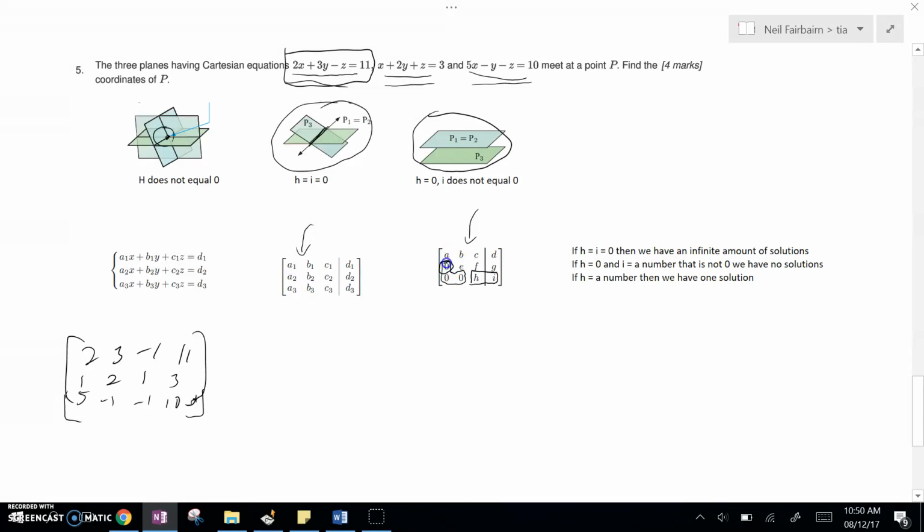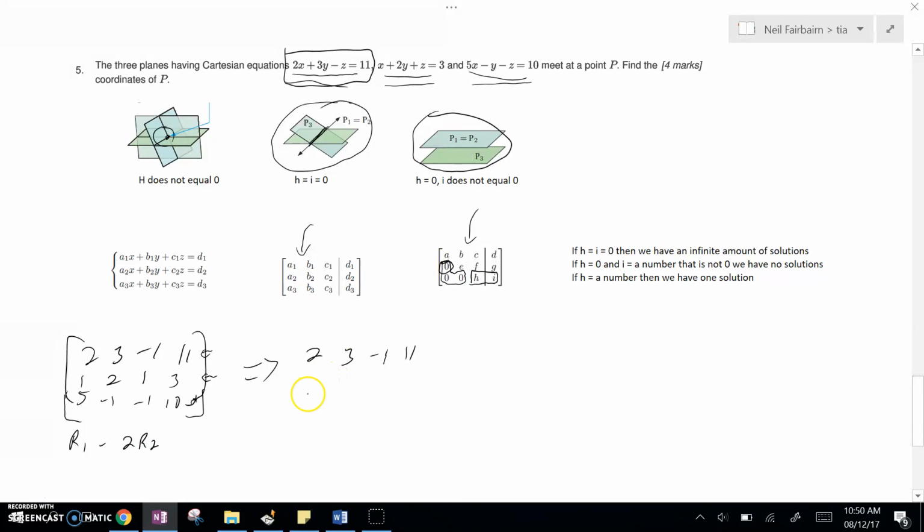So we're going to look at the first one. How do we make this 0? Well, if we multiply this row by 2 and multiply this by 1 and subtract them from each other, you'll get 2 minus 2 equals 0. So we got 2, 3, negative 1, 11. This row we're multiplying by 2 and subtracting from 2. So what we've got is row 1 minus 2 row 2.